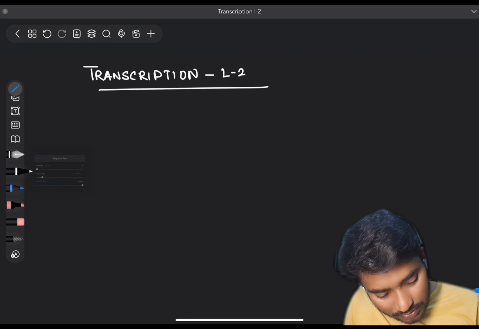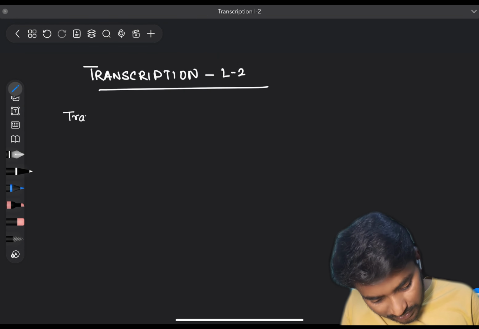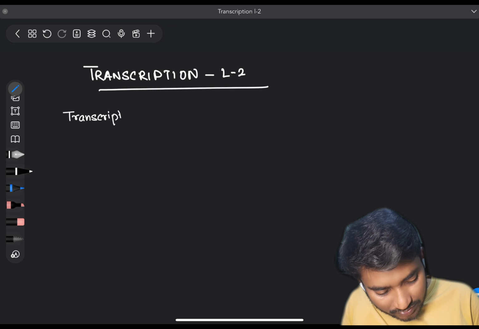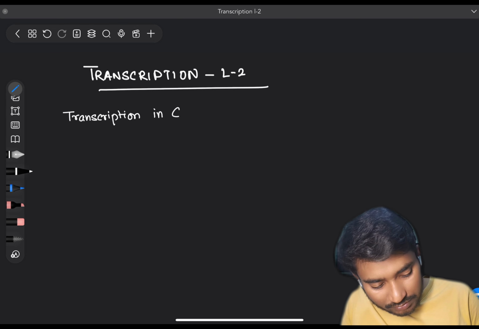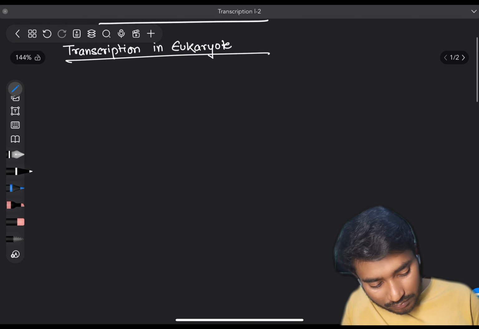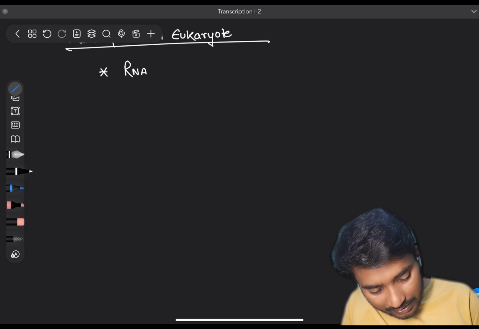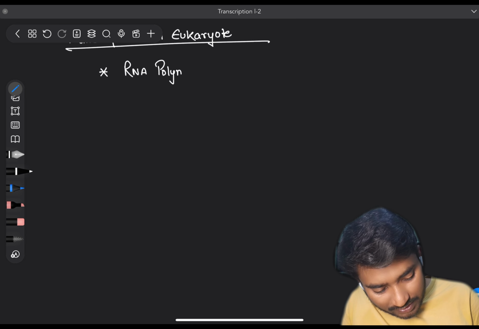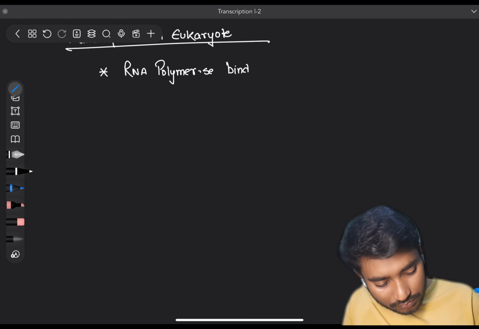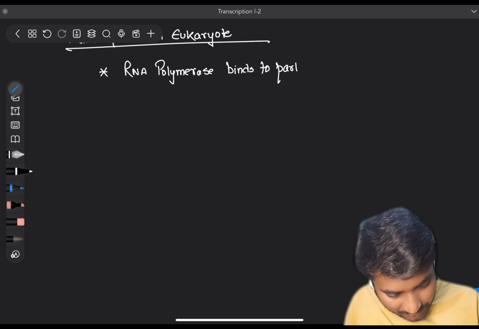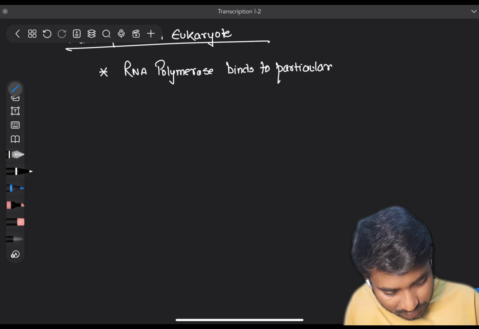So, transcription in eukaryotes. In eukaryotes, RNA polymerase binds to a particular sequence in the promoter region.